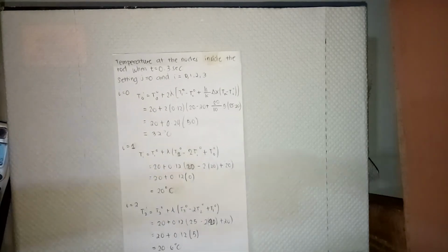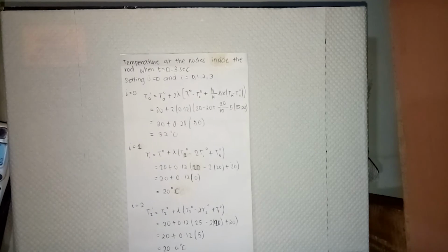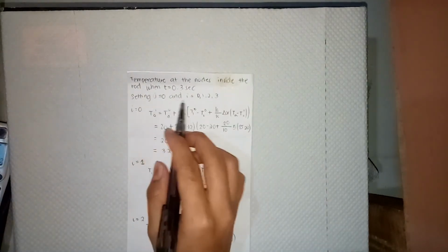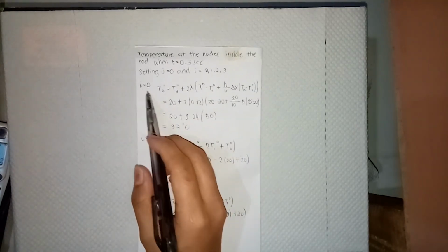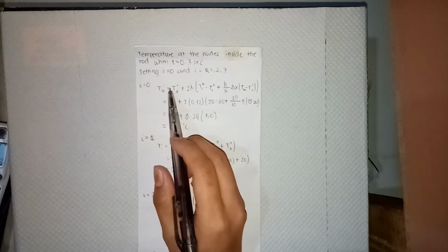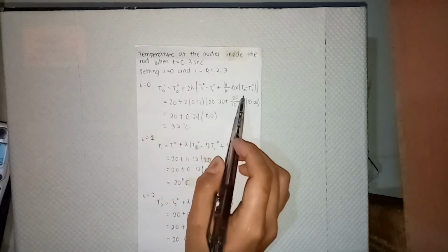So next, the temperature at the nodes inside the rod when time is 0.3 seconds, setting our values. Now for our temperature 0 at node 1, let's input our values in our equation.